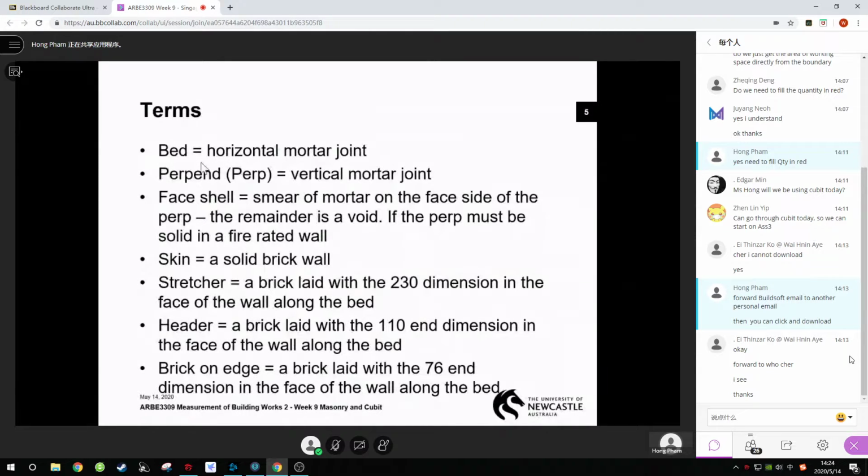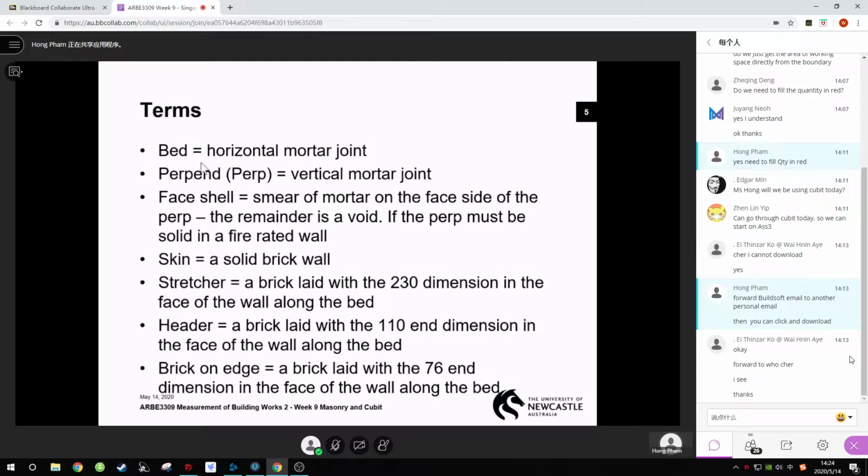Okay, so we have bed. Remember, bed is the horizontal mortar joint, which I discussed with you just now. Perpen is the vertical mortar joint. Face shell: a smear of mortar on the face side of the perpen. The remainder is a void.